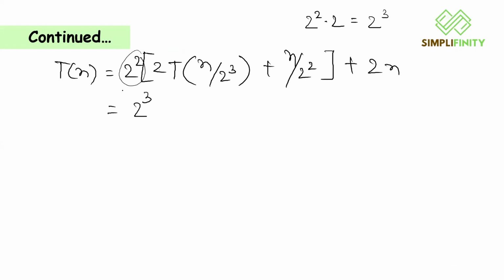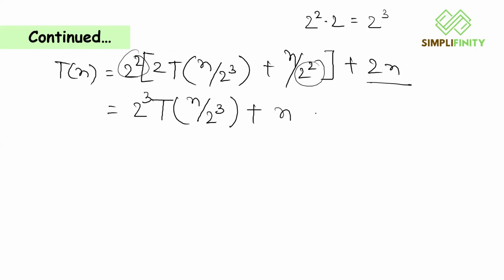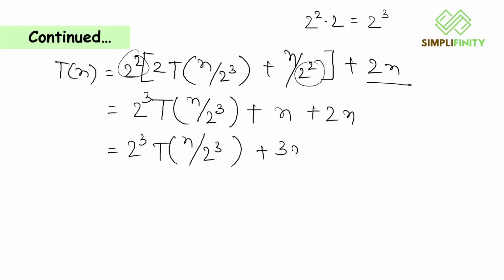Okay, so it's 2 to the power 3 t of n by 2 to the power 3 plus, now this and this cancel each other. We have only an n and we have this 2n. So now if we simplify this further, this becomes this.